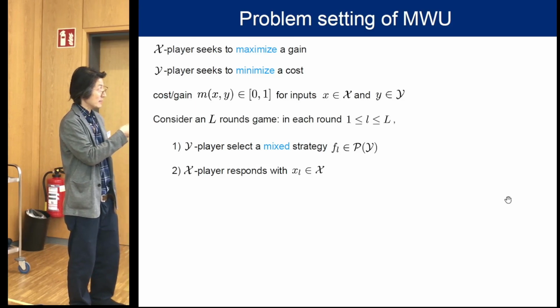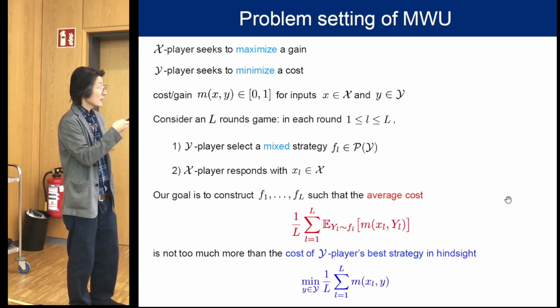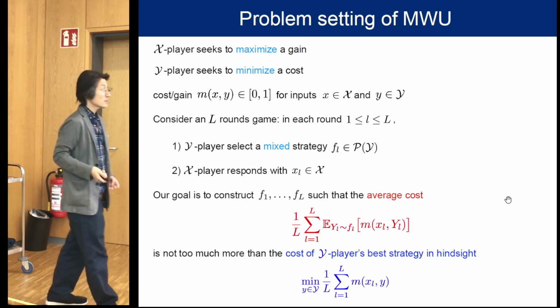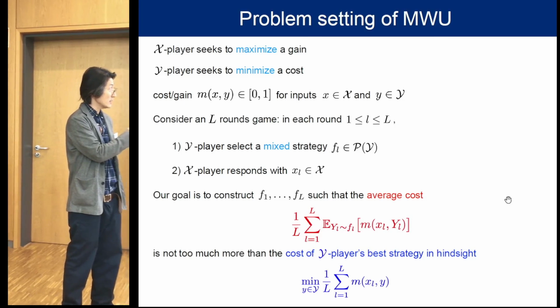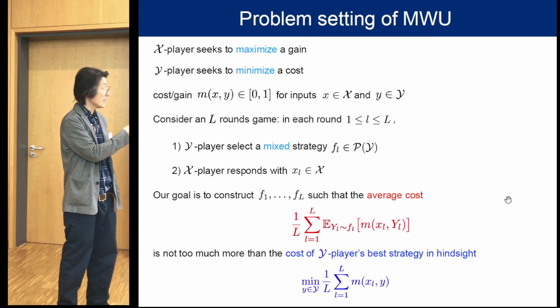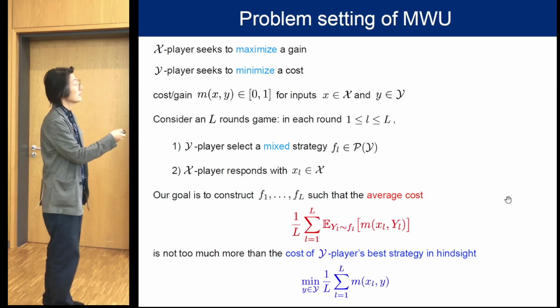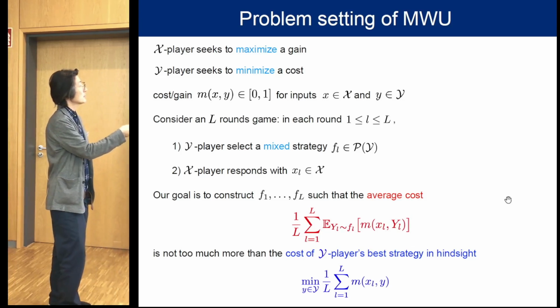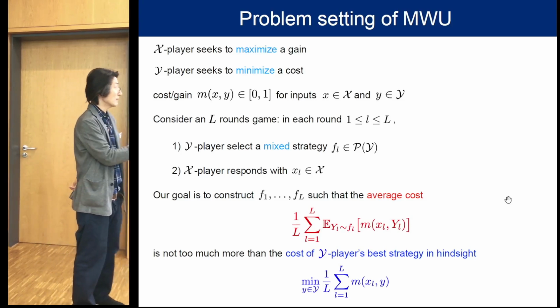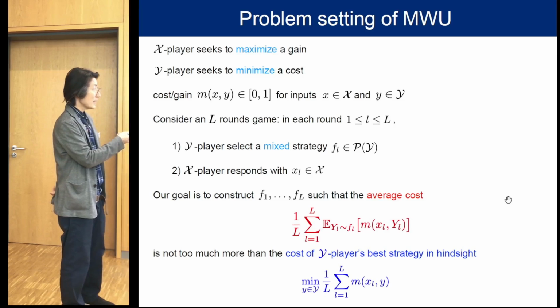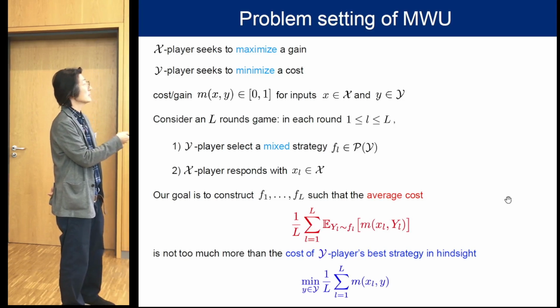And they play this game L rounds. And our goal is to construct a sequence of Y player's strategies, f_1 through f_L, such that the average cost is not too much more than the cost of Y player's best strategy in hindsight, which is given by this.